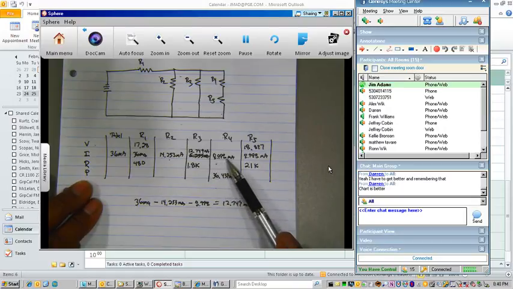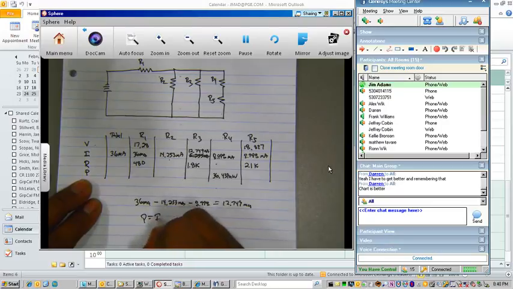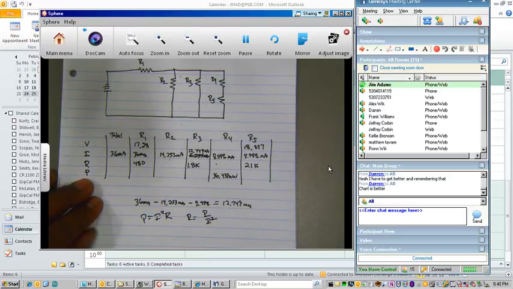Okay, so where can we go from here? I think we can probably solve this whole thing now. So let's start with R4. We have 8.998 milliamps and we got 36 milliwatts.